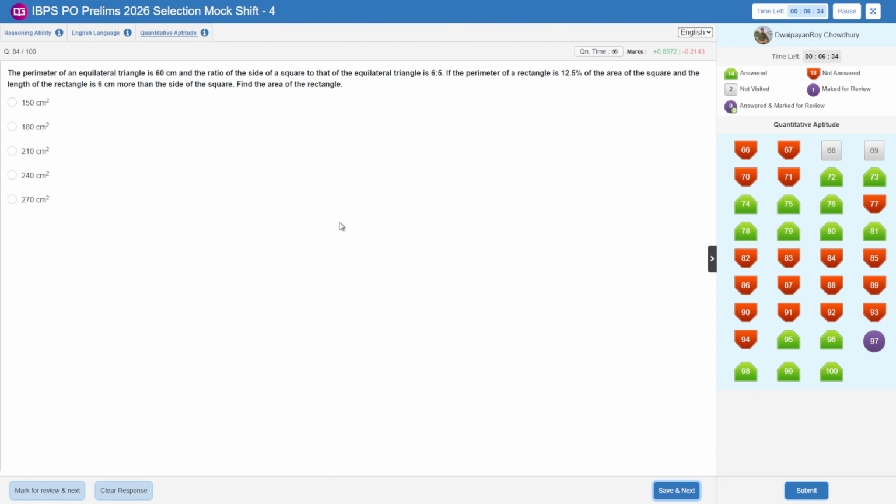Okay, and the length is 6 more than, length is 30. What is area of the square? This is not possible, right? Okay, possible, but okay, so 30 and 12 remain, so 6, so 180.